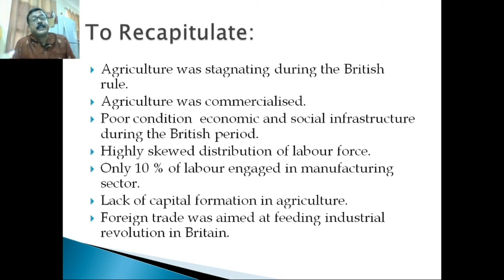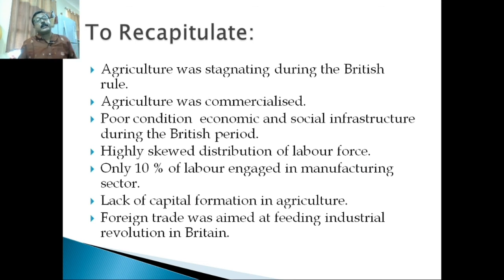So to recapitulate what we have learned, during the British period agriculture was stagnating, agriculture was highly commercialized, there was poor condition of economic and social infrastructure, a highly skewed distribution of the labor force with only 10% of labor engaged in the manufacturing sector, lack of capital formation in agriculture, and foreign trade aimed at feeding the industrial revolution in Britain.